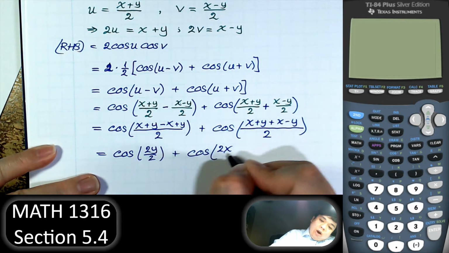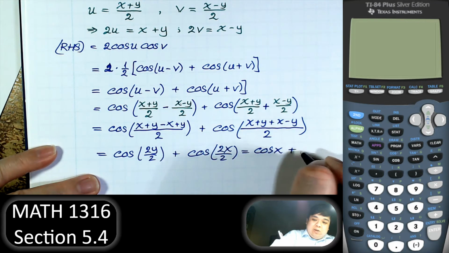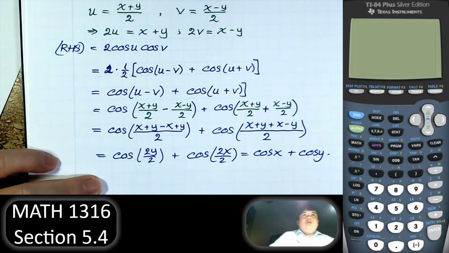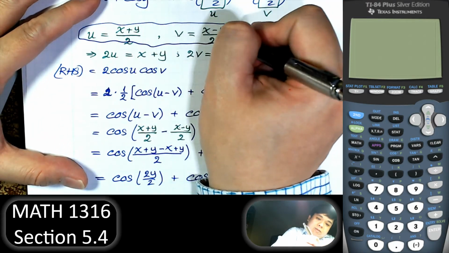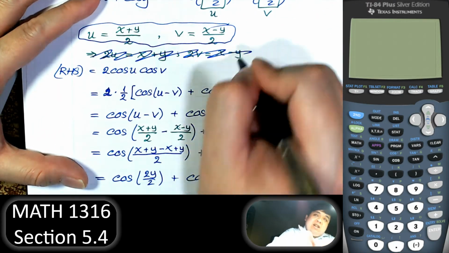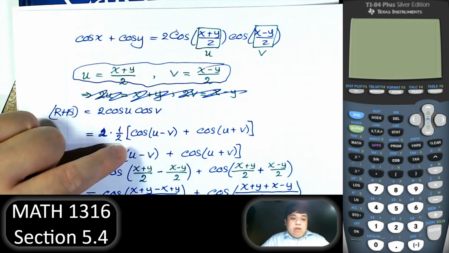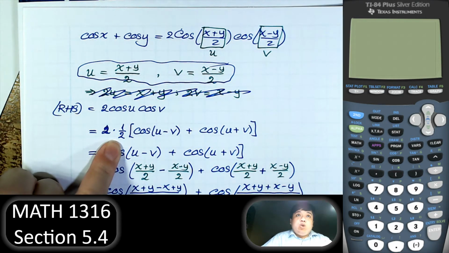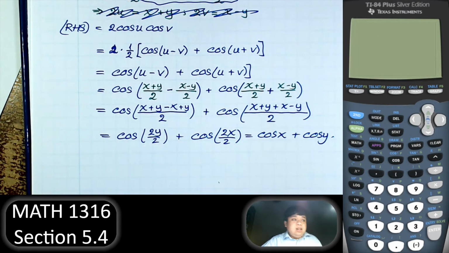This 1 and y cancel out, 2x on the top. So this is cosine of x plus cosine of y. Right. So by making this substitution, we don't even need that. By making this substitution, turn that into u and v and use the product to sum. And finally, we substitute back in, and that certainly works.